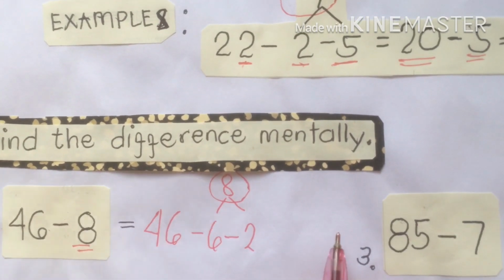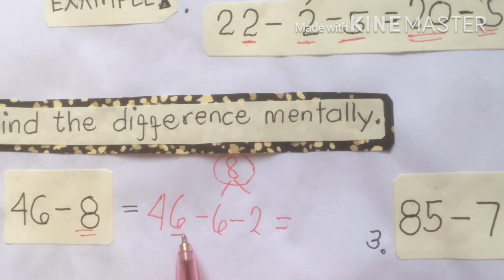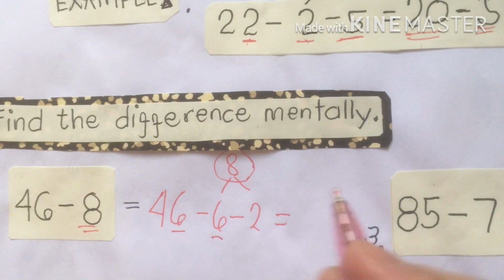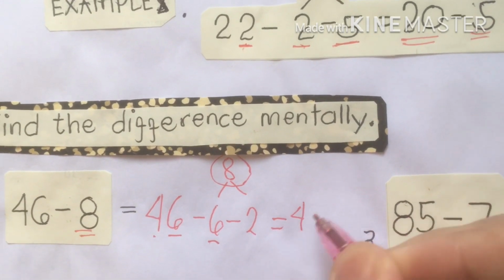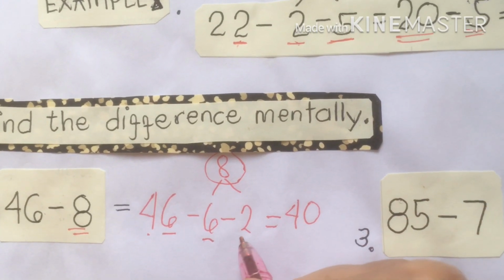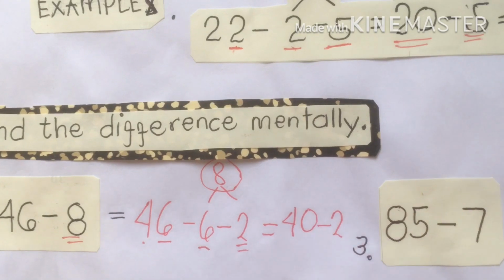Now we can subtract. 6 minus 6, same numbers, is automatically 0. So we're going to copy the 4. We write 40, then the next number is 2. We write 40 minus 2.